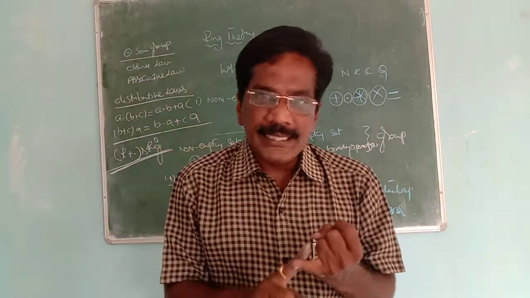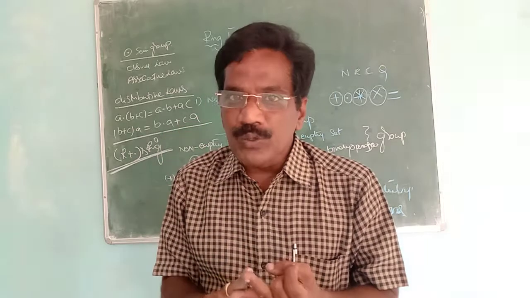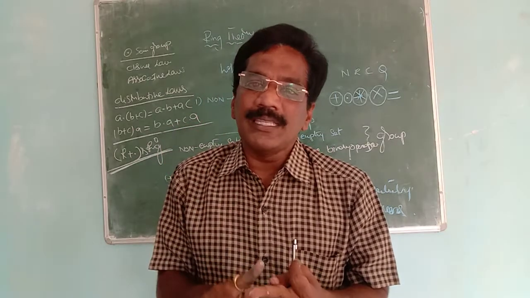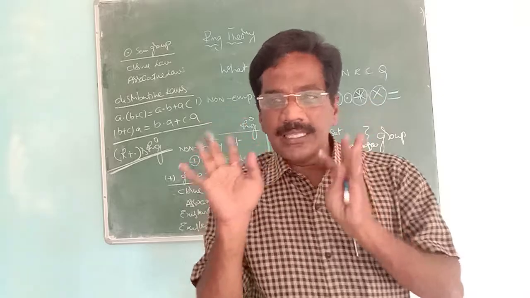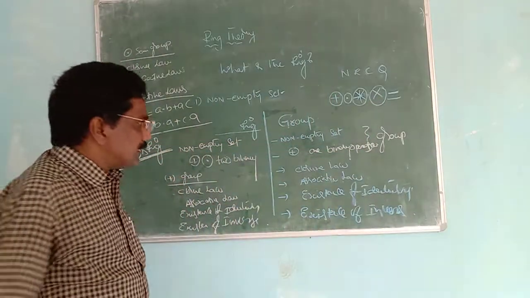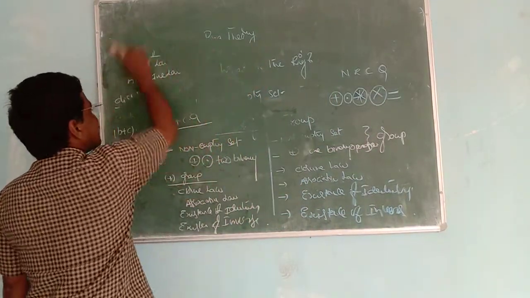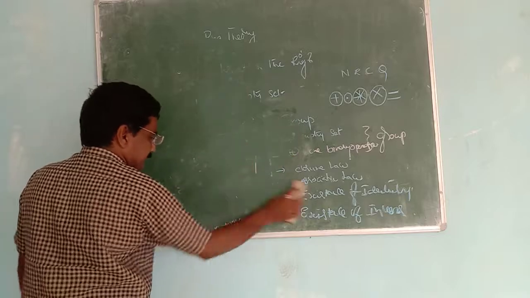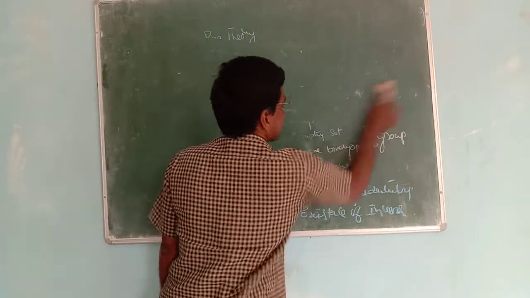So R plus is a group, R dot is a semi-group, and R satisfying the distributive laws is called a ring. Okay, once again, what is the ring definition? Clear-cut.